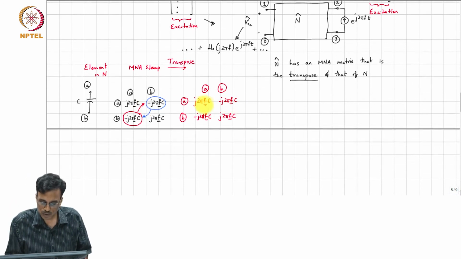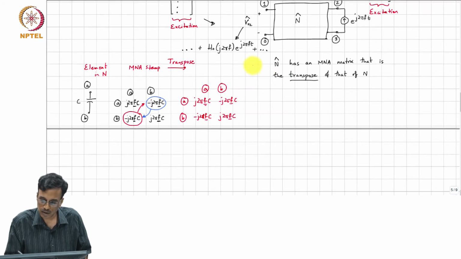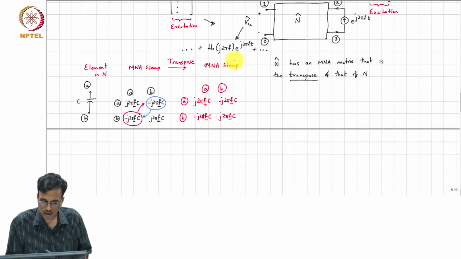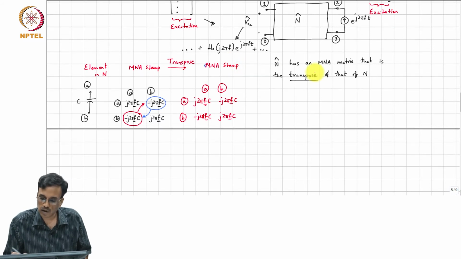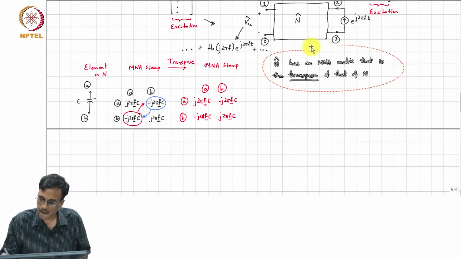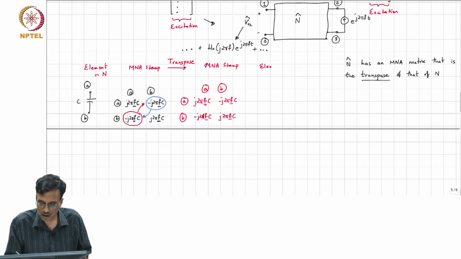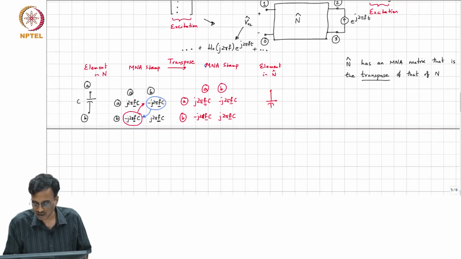So, what is the element which corresponds to this MNA stamp, therefore? So, this is the MNA stamp, okay, and then therefore, we need the element in n hat, and that also happens to be the same capacitor connected between the same two nodes.